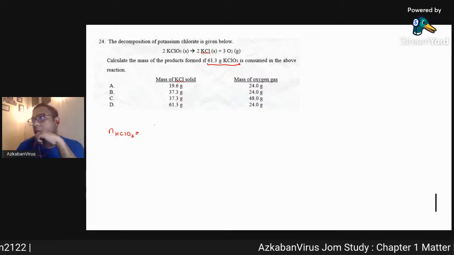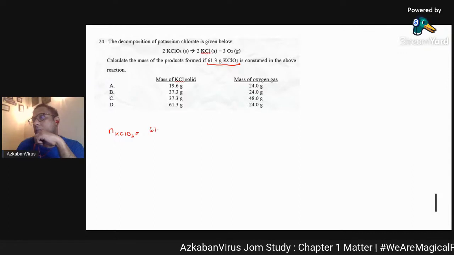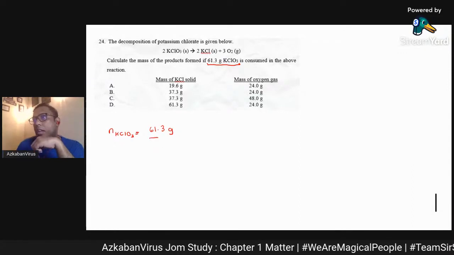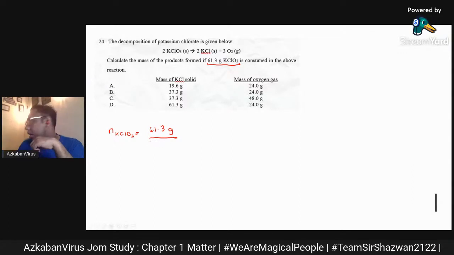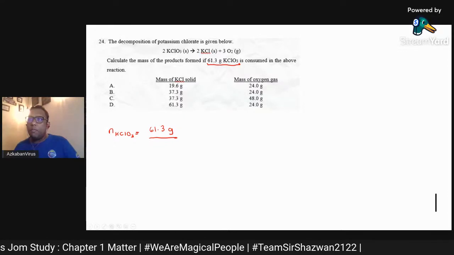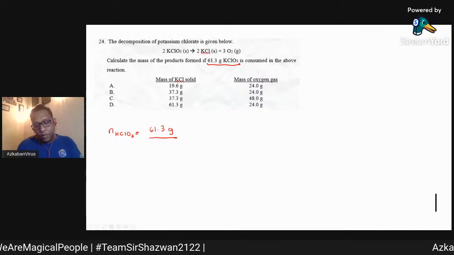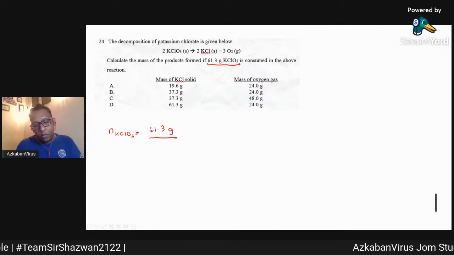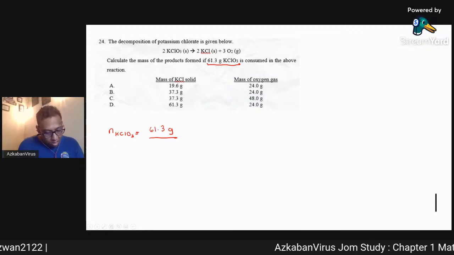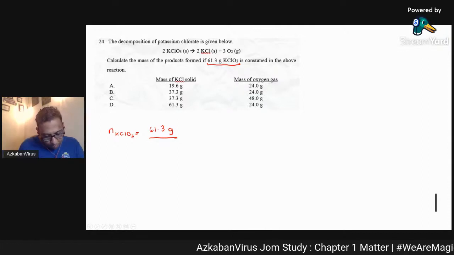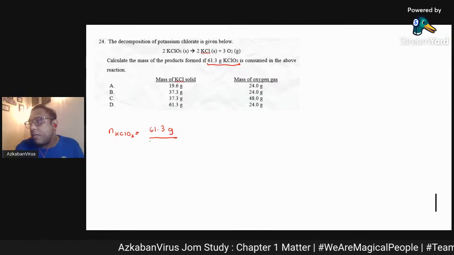is equal to 61.3 gram divided by potassium is 39.1. Let me check first. Yes, it is 39.1.